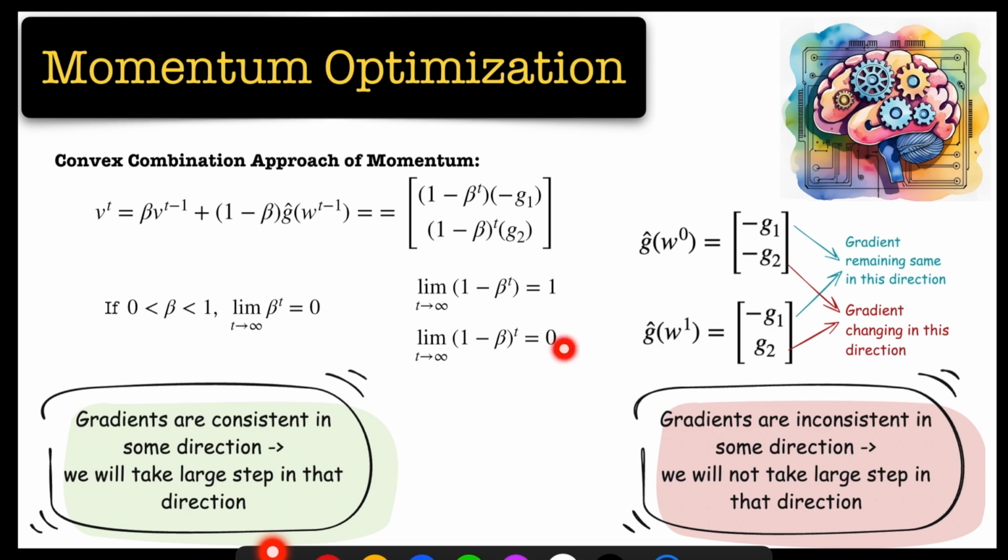So it is tending towards 0. If gradients are consistent in some direction, then we'll take a large step in that direction. If gradients are inconsistent in some direction, then we'll not take a large step in that direction. That's the main idea behind momentum.